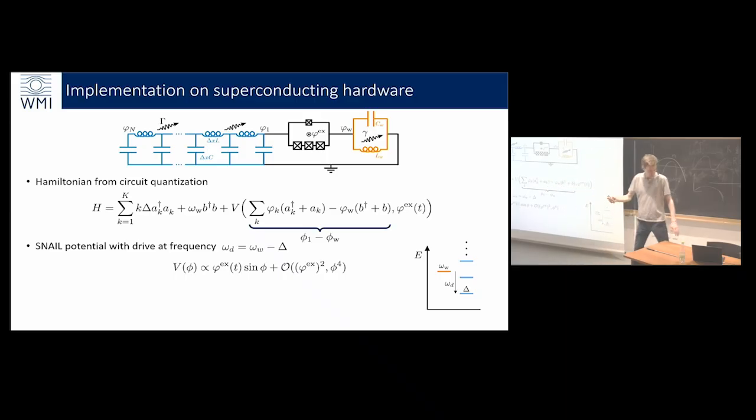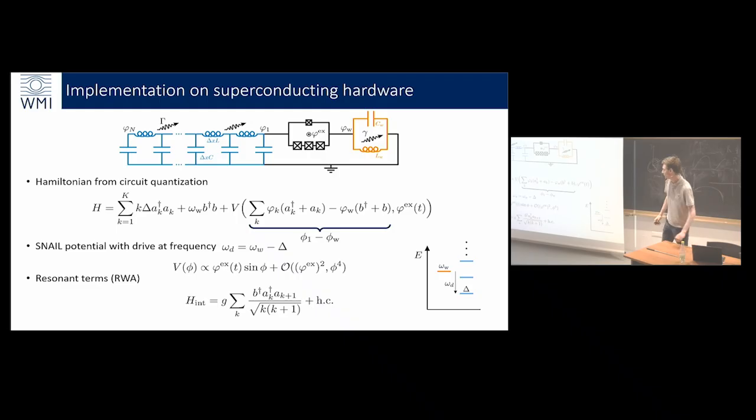And then if we go further to the rotating wave approximation, we see that the linear order of the sine doesn't contribute, it's not resonant, and only the third order gives rise to terms which are exactly of the form which I presented before. And this is mainly due to the choice of the drive frequency of this time-dependent external flux, which matches the energy spacing of the waveguide with this waste mode frequency.